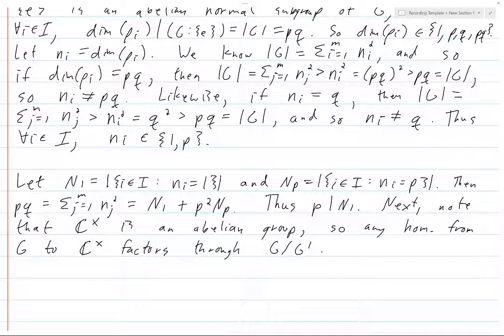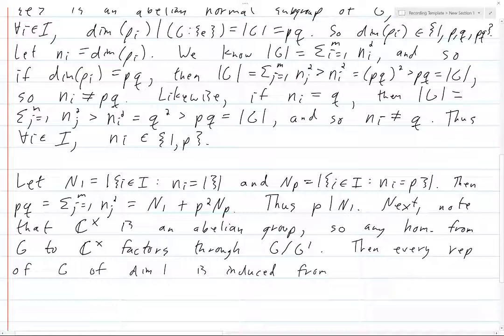Then every representation of G of dimension 1 is induced from a representation on G mod G prime.